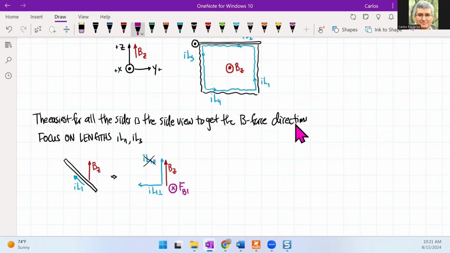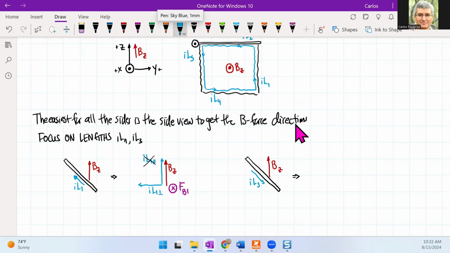Now, if I do the exact same thing for wire 3, I'm going to be drawing something like this. But now the current is coming down instead of up. Because there's a switch in direction, we expect the force to be in the opposite direction. So if I play the same game, I can break this up into components.